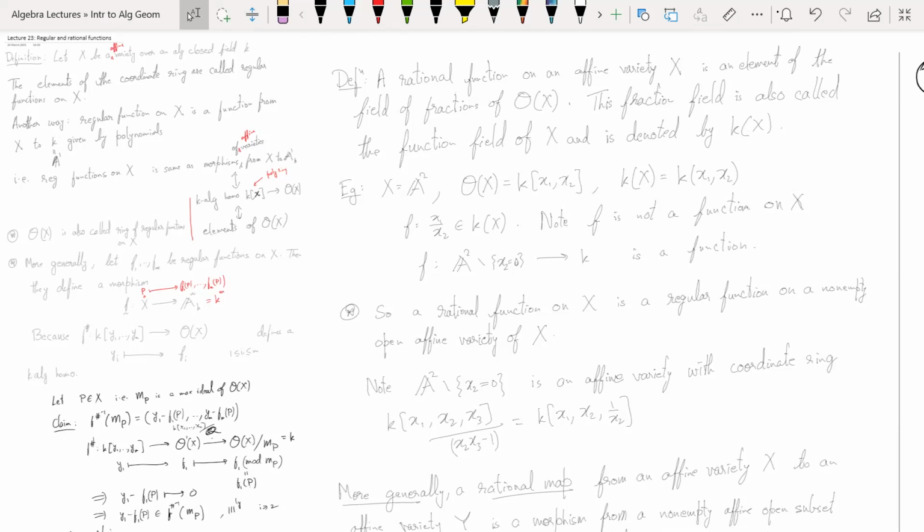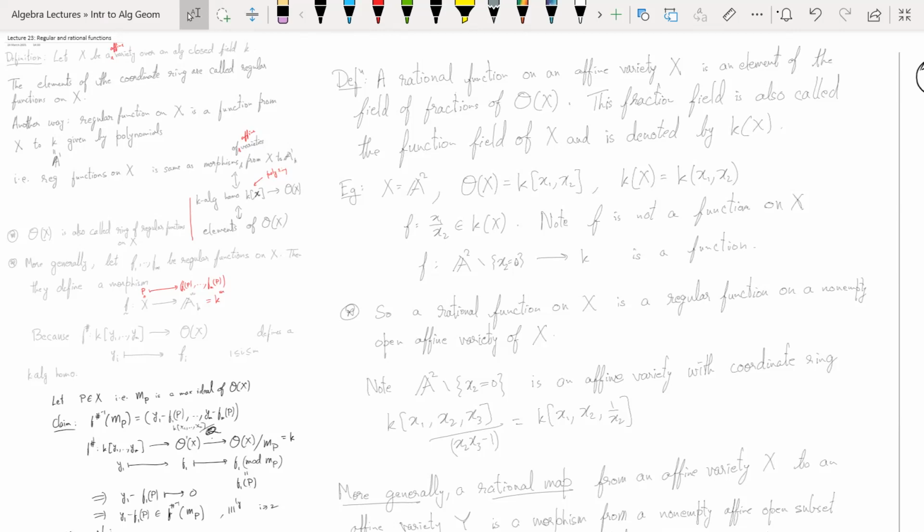Of course, every regular function is a rational function because the coordinate ring is contained in the field of fractions. One thing to note here is that a regular function you could define on any affine algebraic set, because you just say it's an element of the coordinate ring, and remember, the coordinate ring we define for any affine algebraic set.